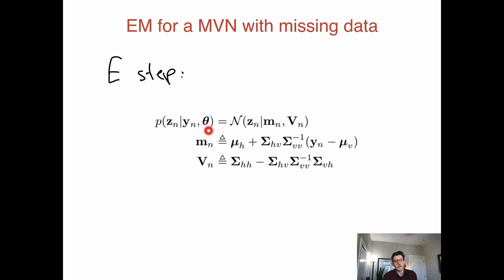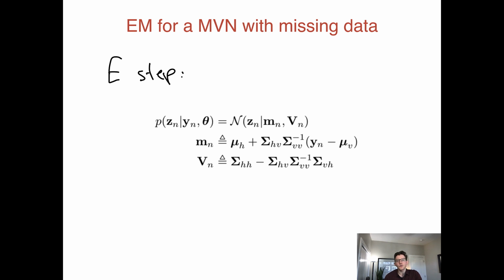Again, theta here is our mean and covariance values. I'm not going to do this derivation, but we've actually done this before. To get these, we're using the Bayes rule for normal distribution expressions that we came up with a couple of lectures ago.